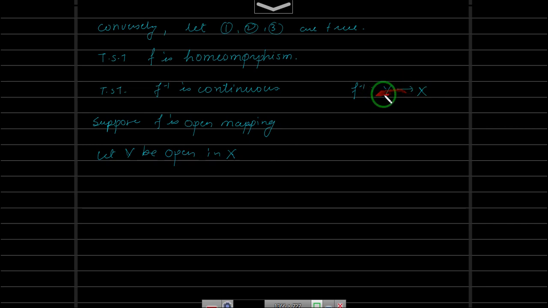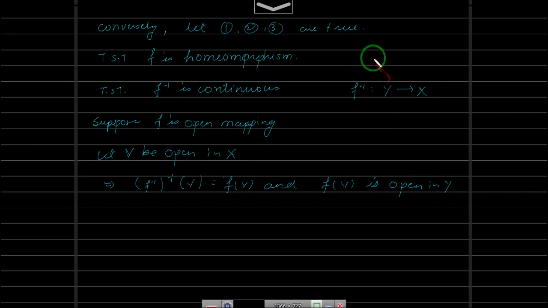We need to show that the inverse image will be open in Y. This implies the inverse image of V under f inverse equals f(V). We can do this, and f(V) is open in Y, because f is an open mapping and we have taken V which is open in X.